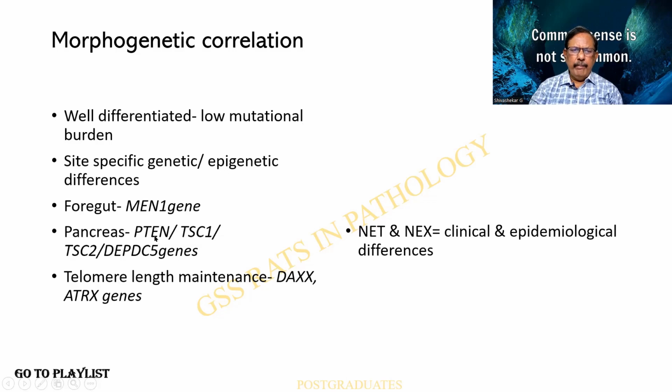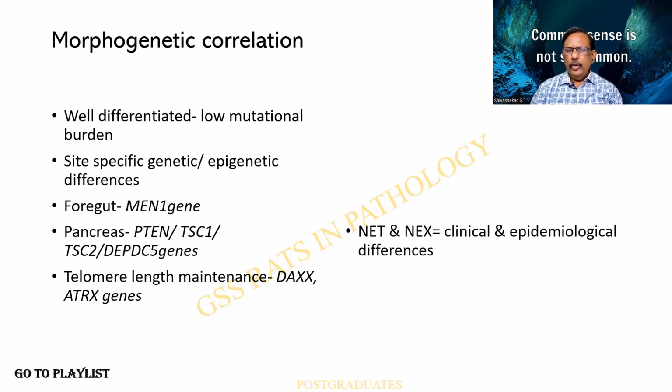In the pancreas, PTEN, TSC1, TSC2, and DEPDC5. And telomere length maintenance is assessed by means of DAXX and ATRX genes. NET and NEC are important for the clinical and the epidemiological differences. So this is meant for the morphogenetic correlation.